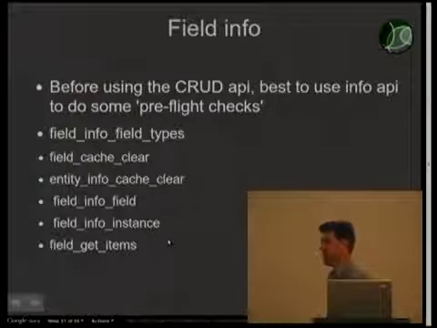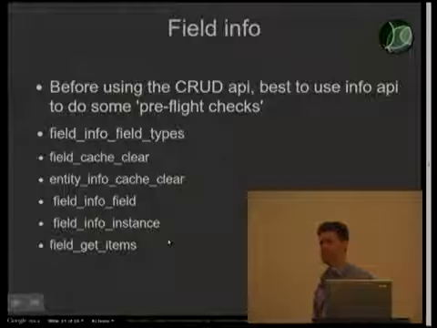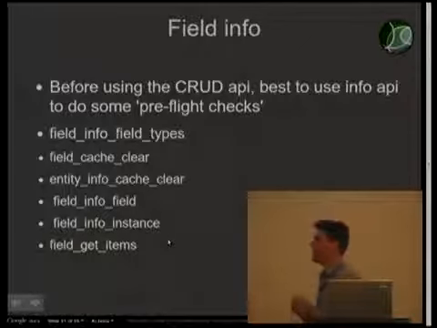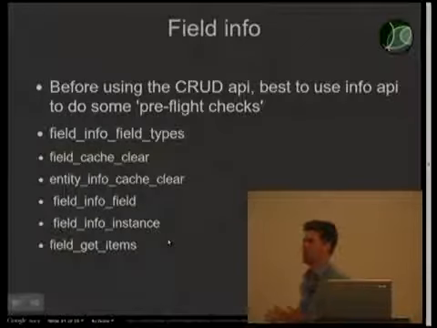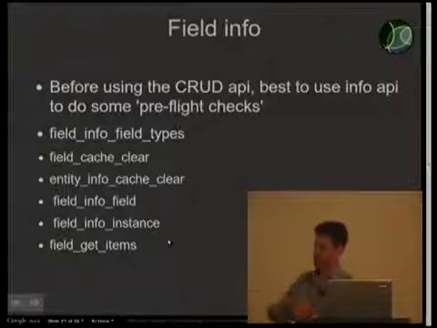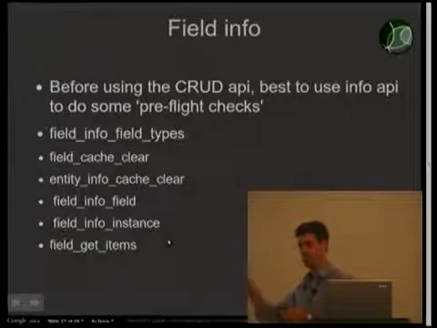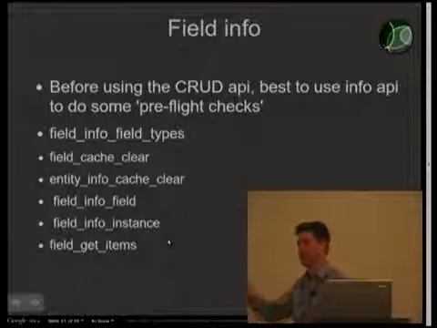And field_get_items, I'm assuming most people are familiar with it. Talk about it? No? Okay, right. When you're looking at a node object in Drupal 7, you'll see node, field, blah, language none, or und, and then the array of those.